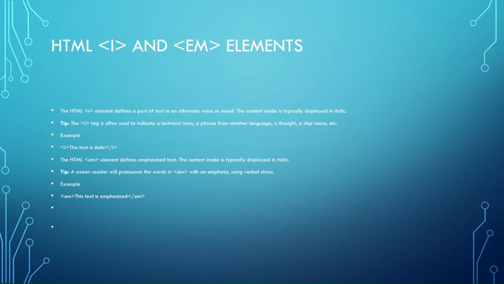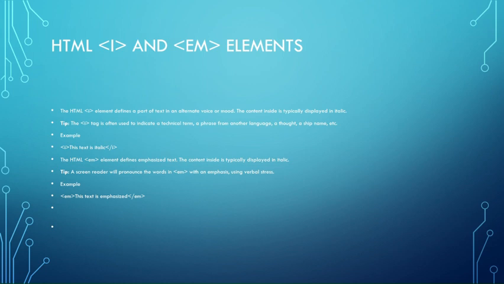The HTML italic element defines a part of the text in an alternative voice or mode. The content inside is typically displayed in italic. The I tag is often used to indicate a technical term, a phrase from another language, a thought, a ship name, etc. Example: this text is italic.